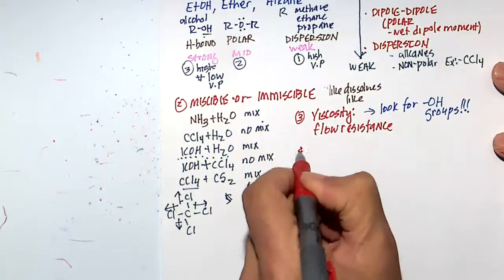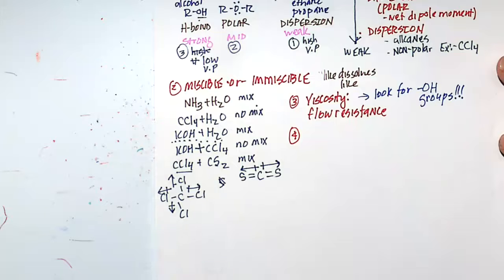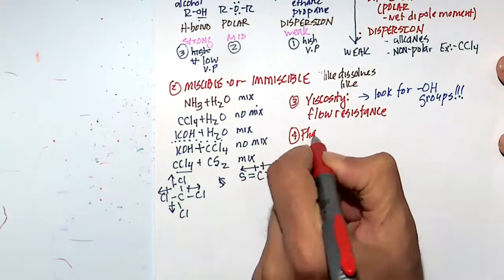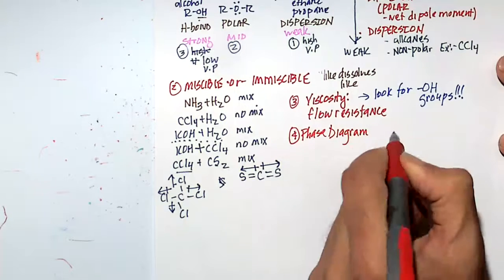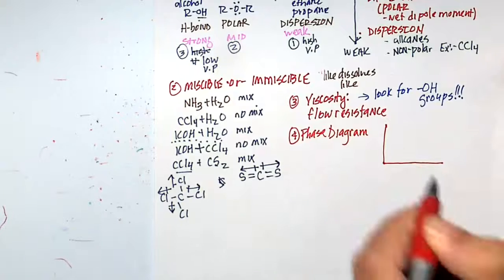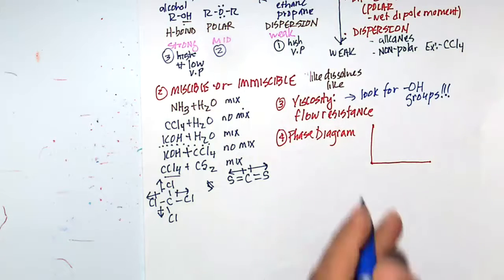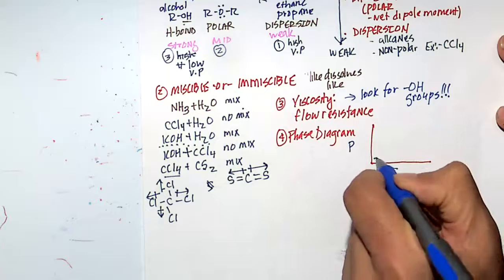Just a couple of things to keep in mind when you take your multiple choice exam. Phase diagram. Do you guys remember this? It's a combination of P and T. P stands for pressure, T stands for temperature. It kind of looks like this.